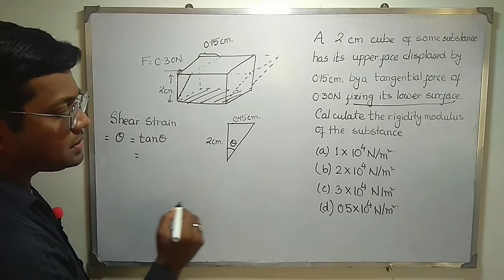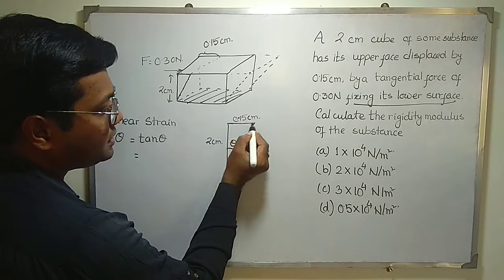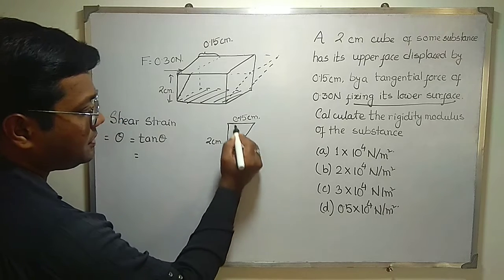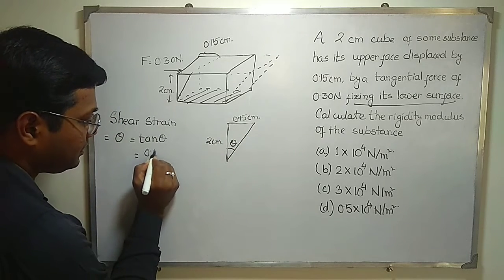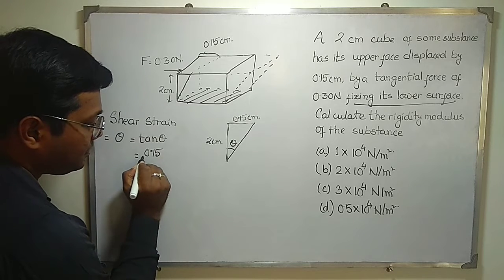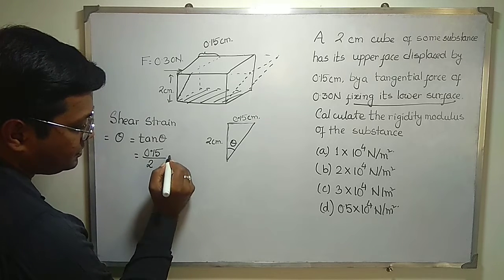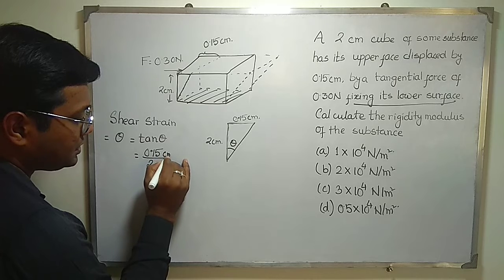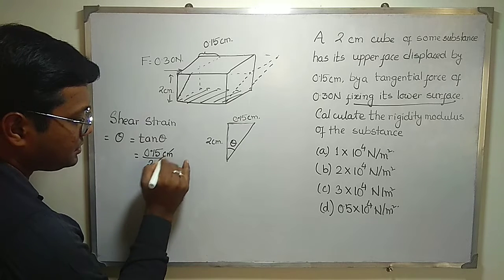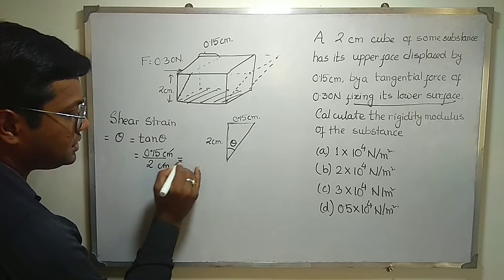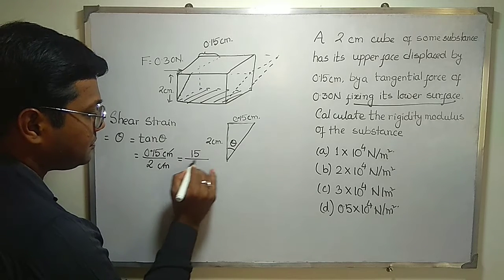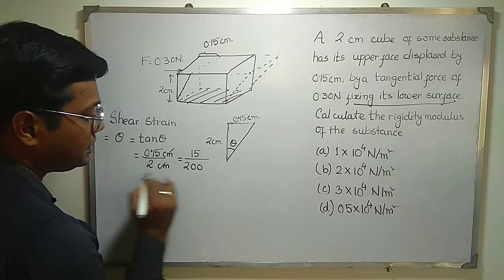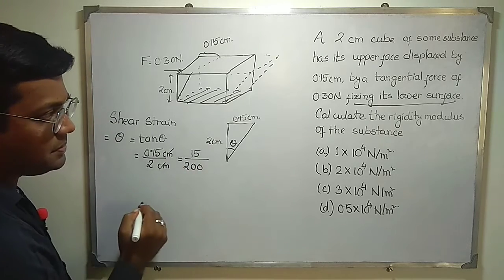And this tan theta is equal to perpendicular divided by base. Perpendicular is 0.15, base is 2. It is also in centimeter, so centimeter cancels out, so the shear strain has no unit. So you can say it is 15 divided by 200. It is just a number.